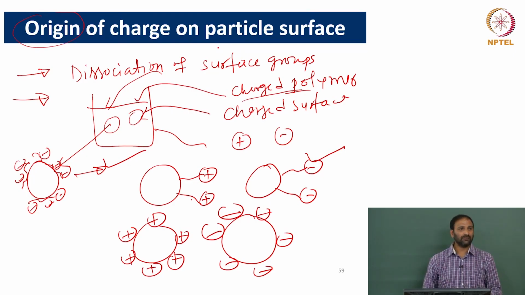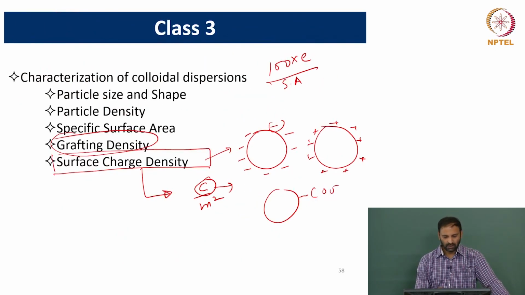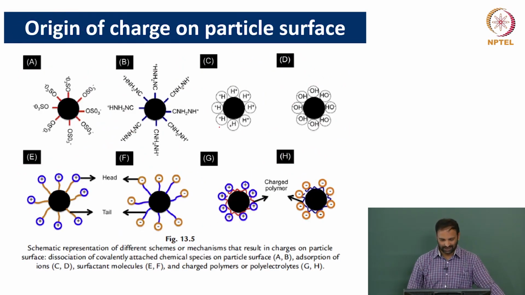So people think about these four different mechanisms by which the particles can acquire charge, and once you are dealing with charged particles in a fluid, it makes sense to characterize them for surface charge density. I have some examples listed here, again whatever I wrote up in a schematic form.